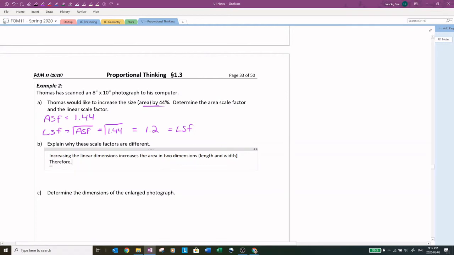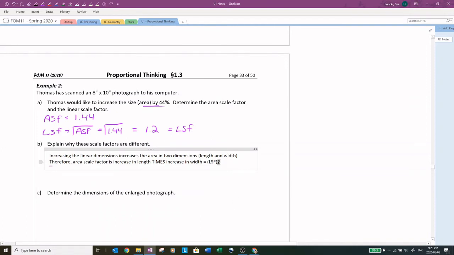Therefore, area scale factor is the increase in length times the increase in width, which equals the linear scale factor squared.